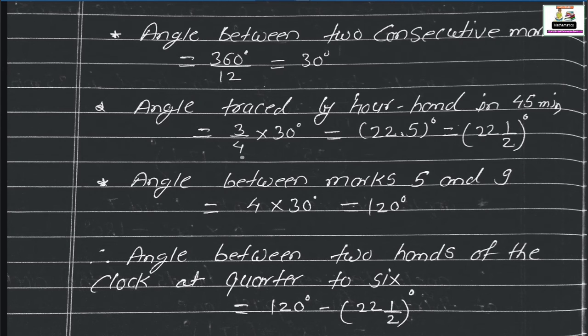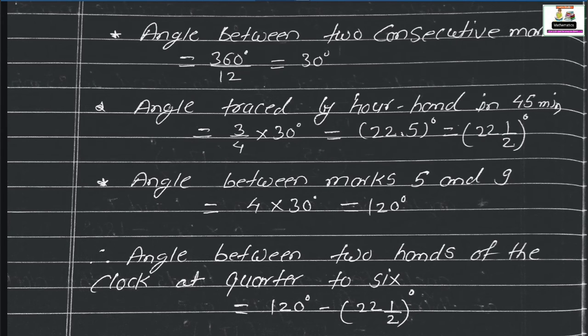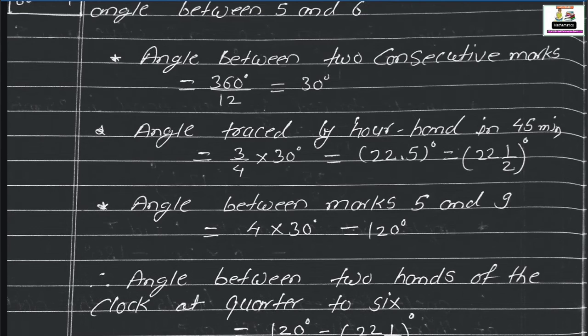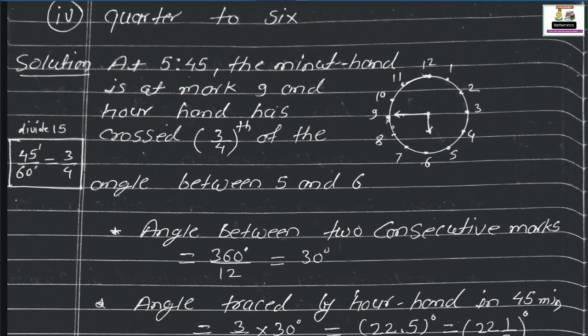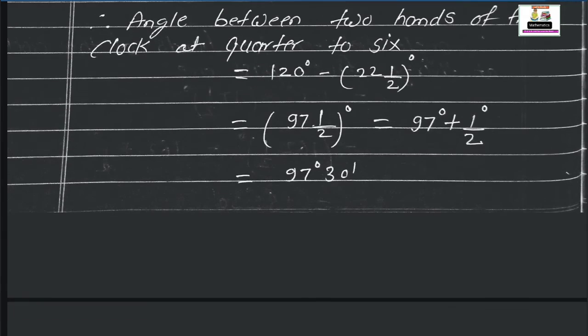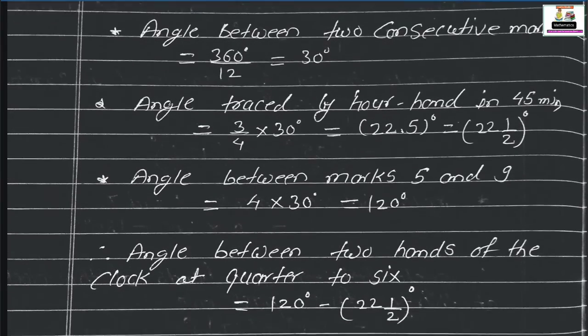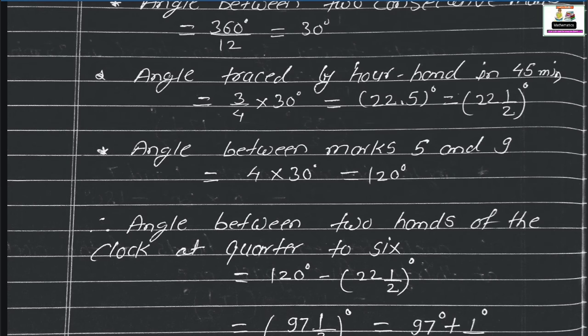Now find the angle between mark 5 and 9. First count the parts: 1, 2, 3 and 4 parts, so 4 into 30 is 120 degrees.